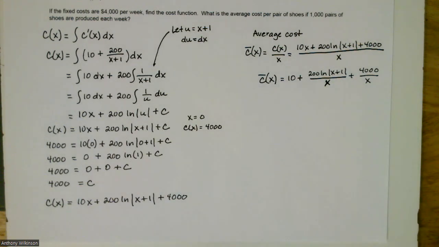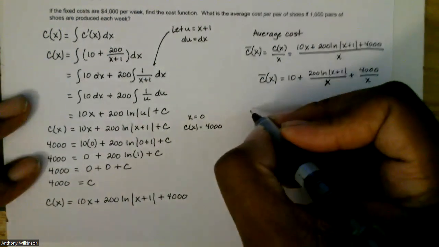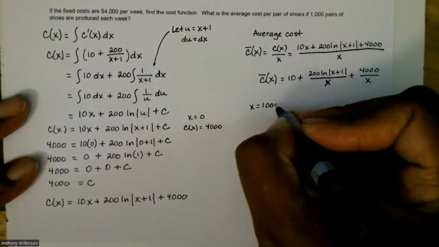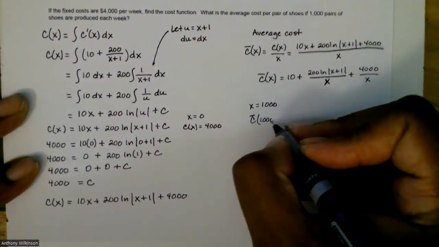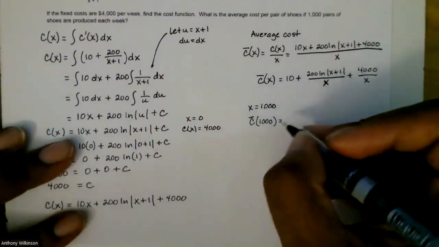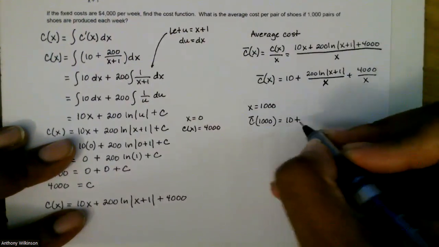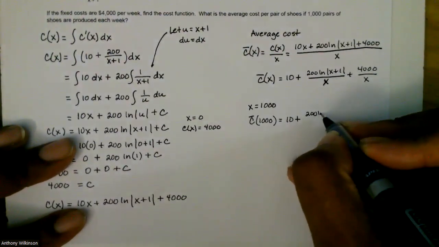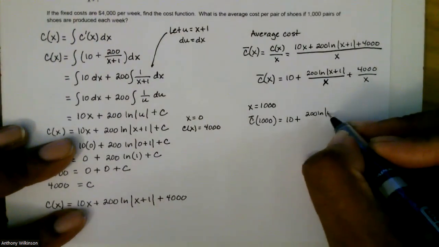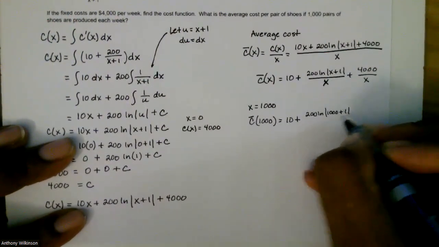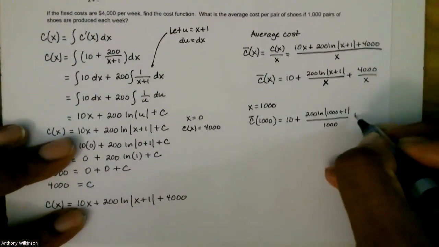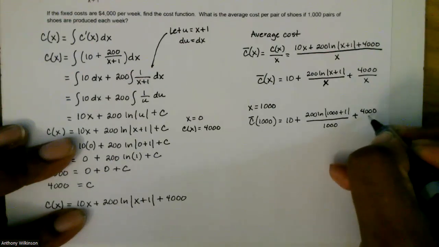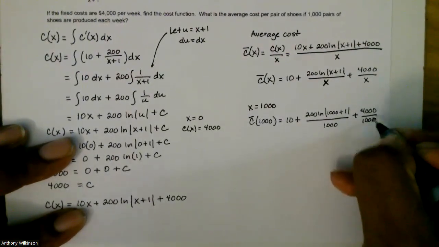So now we need the average cost per pair of shoes if 1,000 pairs of shoes are produced each week. So that means x is equal to 1,000. So C bar of 1,000 is equal to this: 10 plus 200 ln of x plus 1, which is 1,000 plus 1, divided by 1,000, plus 4,000 divided by x, which is also 1,000.